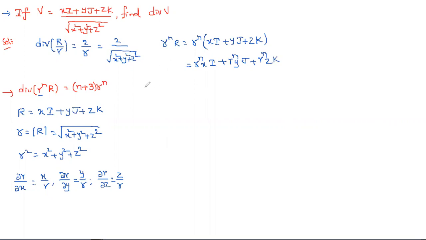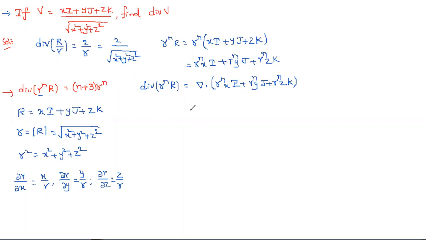Now the divergence of r^n r. Divergence is nothing but del dot, and r^n r bar is what we got: r^n x i + r^n y j + r^n z k.